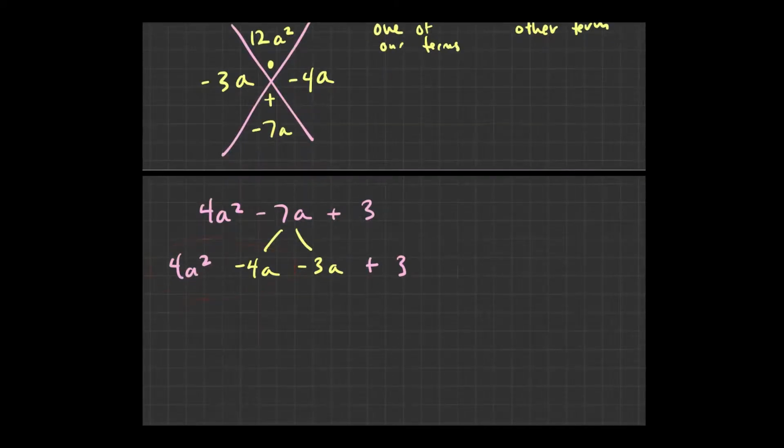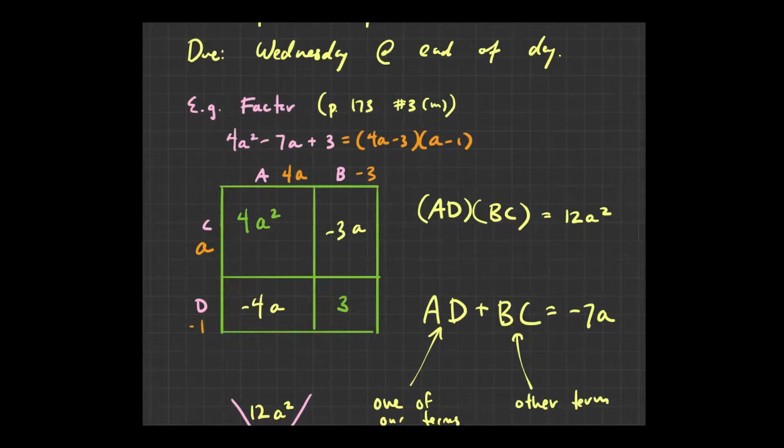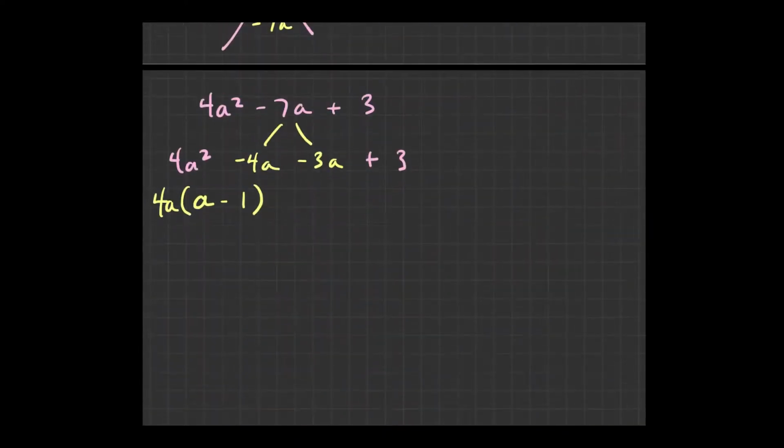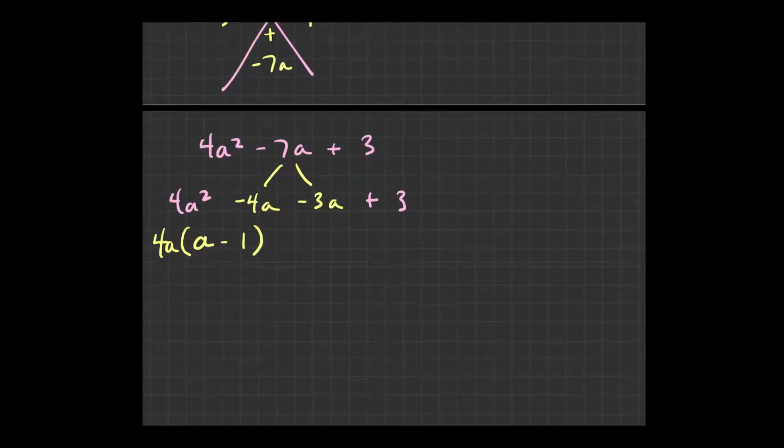So if we were to factor that out, I get the 4a, and what I'm left with is a minus 1, right? So that's where we came up with the 4a, and that gave us the a and the -1. And then we do the same thing again over here.